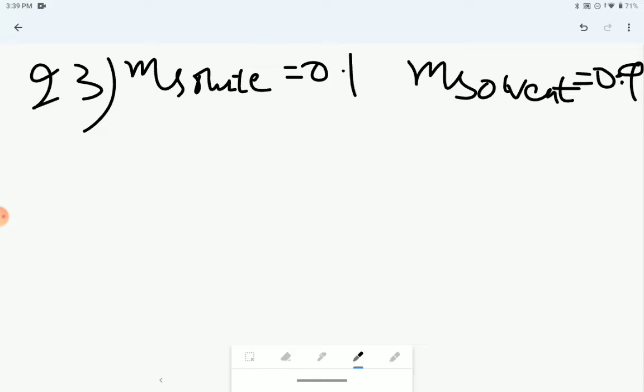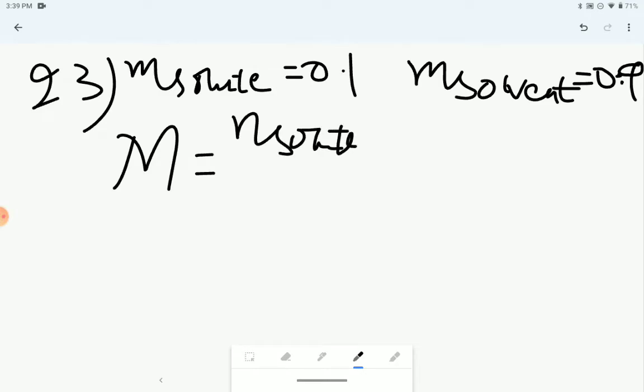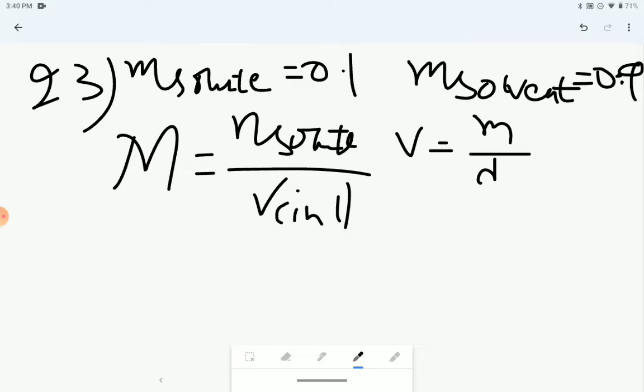So we should find out molarity, which is the number of moles of solute by volume in liters, but we don't know the volume, so we should find it. Volume comes out to be mass by density. Mass was not given because only the mole fraction of solute was given. Mass is the mole fraction of solute into the molecular weight of that solute plus the mole fraction of solvent into the molecular weight of solvent.